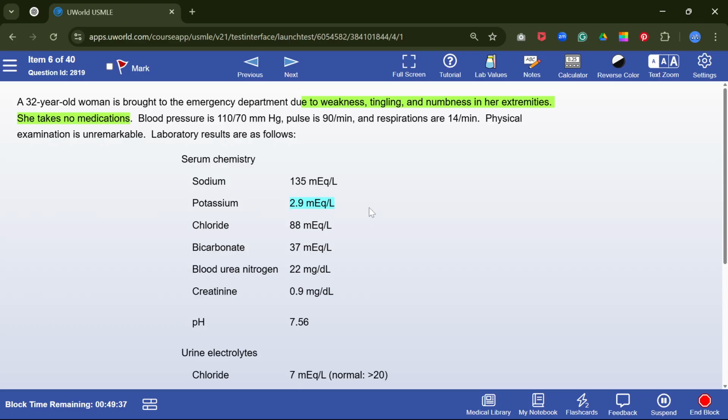Normal sodium is 135 to 145. Potassium is low, chloride is low, bicarb is high.